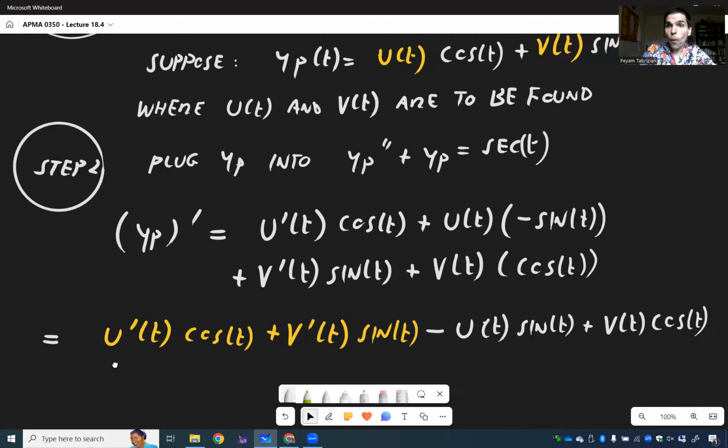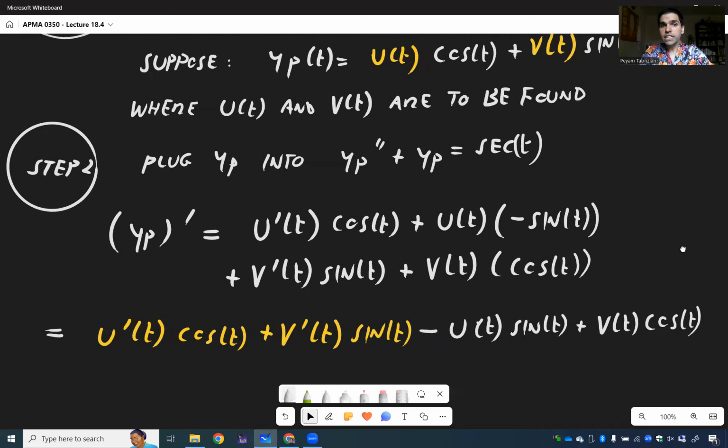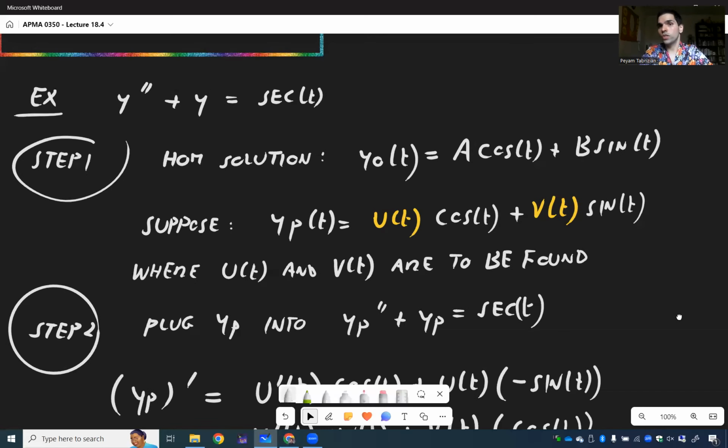And at this point, let's pause a little bit, because this already looks complicated. But so far, we're only doing y_p'. If we continue and do y_p'', it would be a big mess, because we would have terms of the form u''(t), v''(t), which defeats the purpose, because our ODE is already a second order ODE.